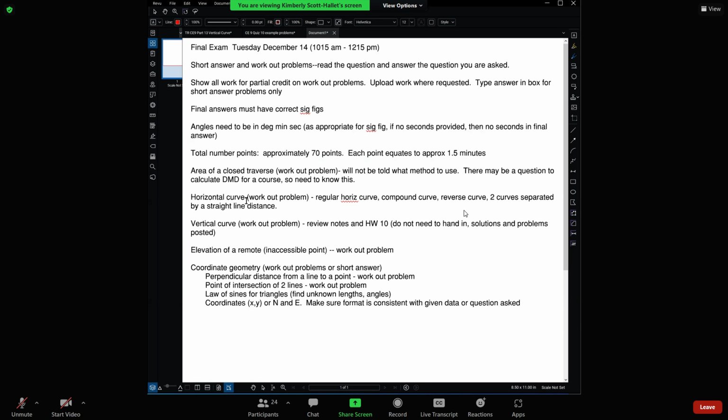So coordinates, you can have XY coordinates and you can have northeast coordinates. Make sure that your format is consistent with the given data or the question that's asked. So if I ask for XY, provide me XY. If I ask for northeast, provide me northeast.